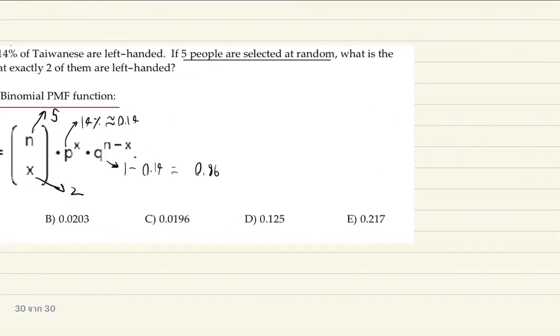If we rewrite it, it's 5 factorial divided by 2 factorial times 3 factorial, which is 5 minus 2 factorial, times 0.14 to the power of 2 times 0.86 to the power of 5 minus 2, which is 3.